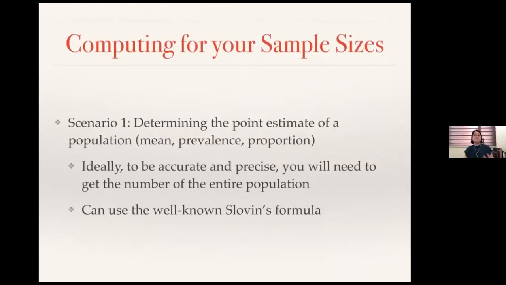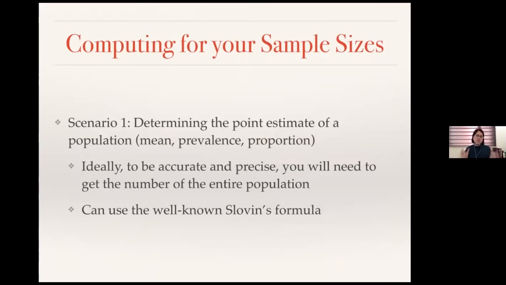Now, let's start computing. No? So get your phones ready so you can download the app for EpiInfo. So let's say, for example, you want to determine the point estimate of a population. So for example, again, let's go to the elderly.